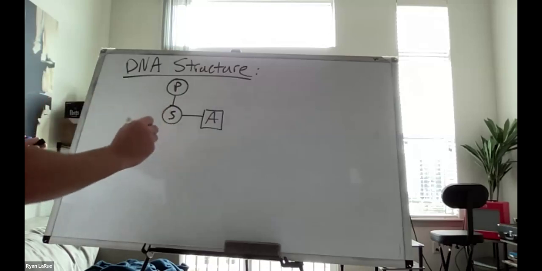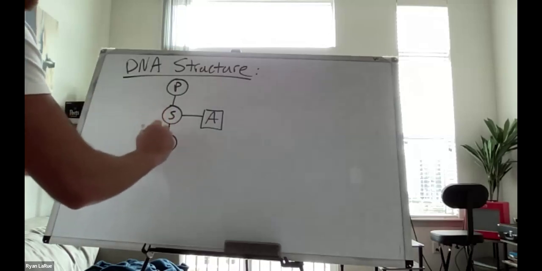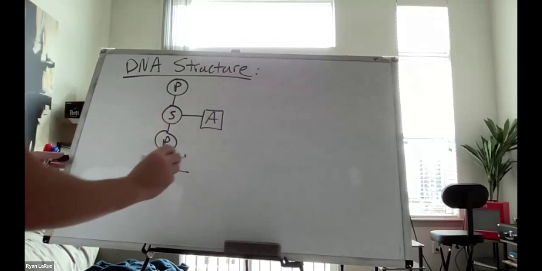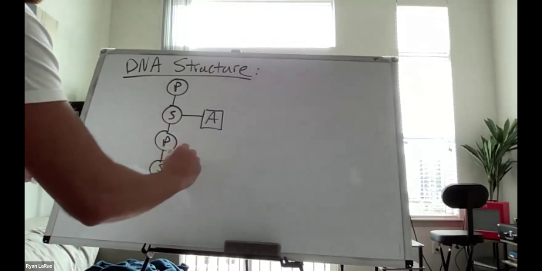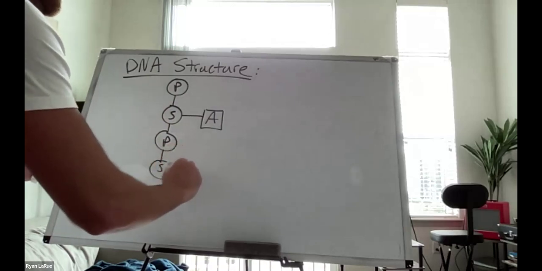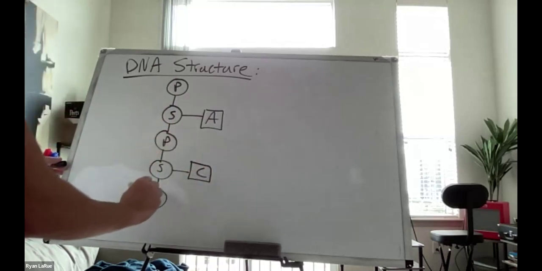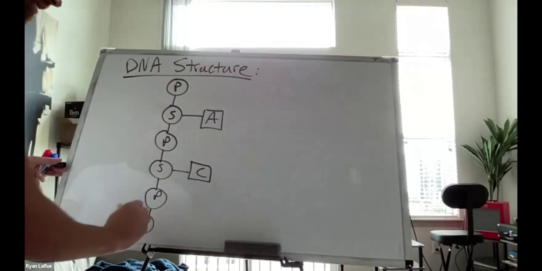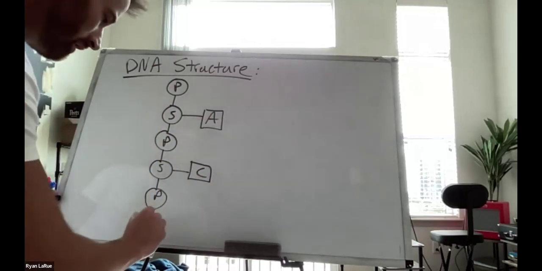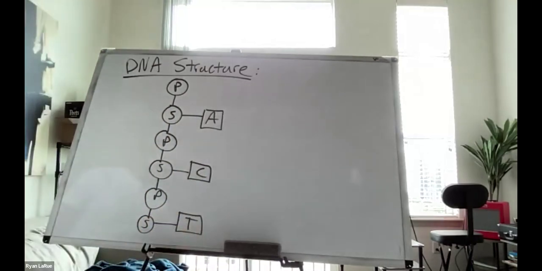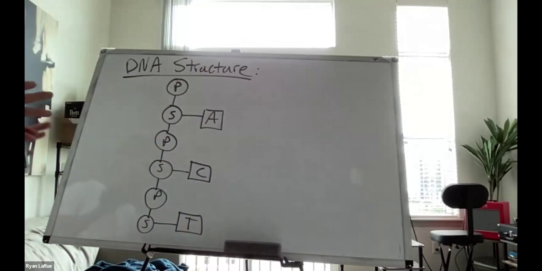Okay, next nucleotide will have a phosphate again. Sugar. Off the sugar, let's make this a C, cytosine. And then let's do one more nucleotide here, sugar. And let's do a T, thymine here. So that's one strand, right?